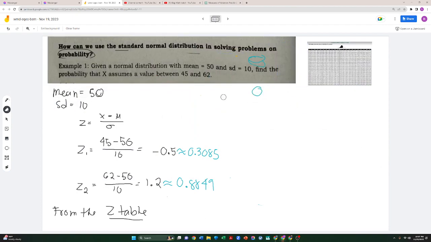Okay, let's now continue how to solve this one. Okay? So the correct clustering of this is P(Z less than negative 0.5), which is approximately 0.3085, and the other one is P(Z less than 1.2), just copy them, approximately 0.8849.